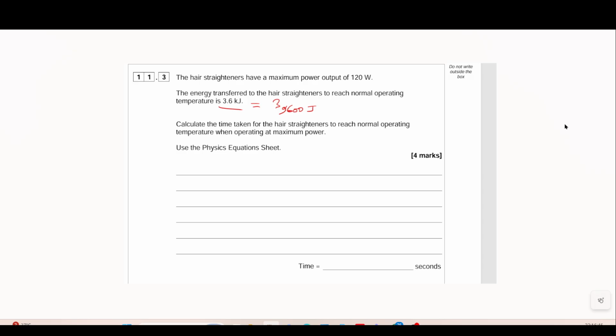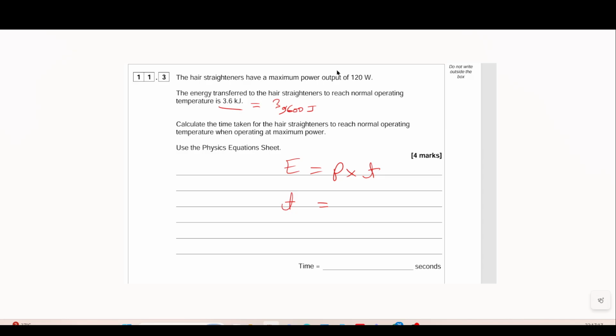3,600 joules, and then use power output. So you want to calculate time. Energy transferred equals power times time.